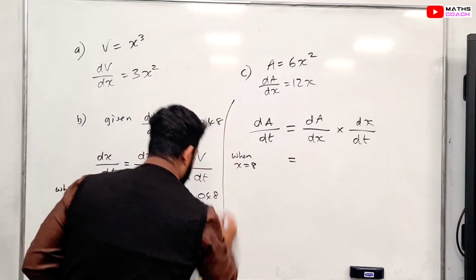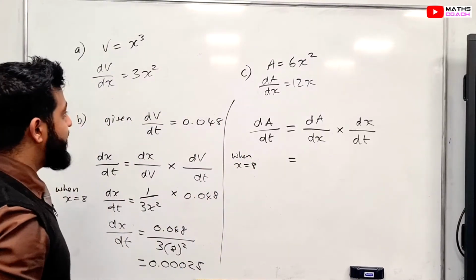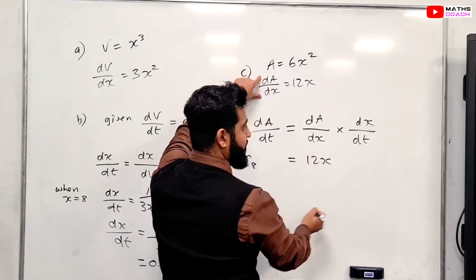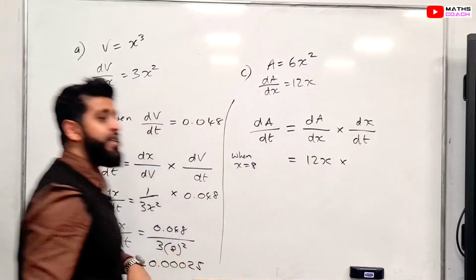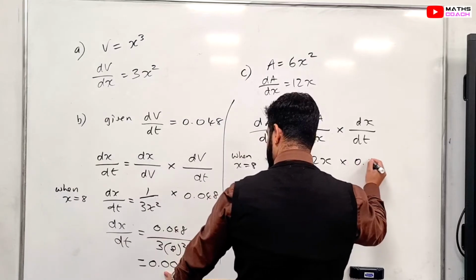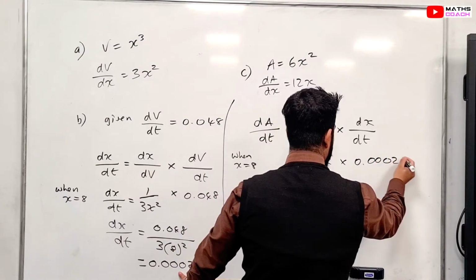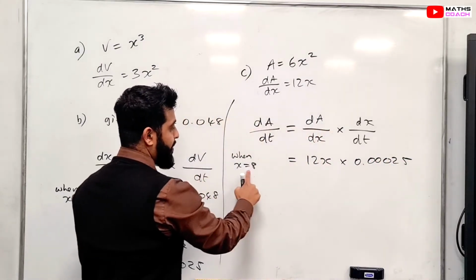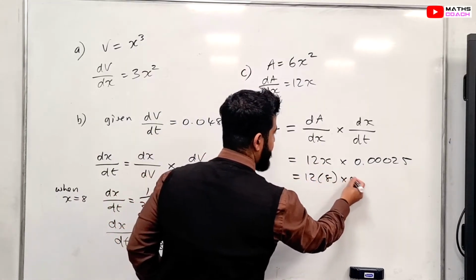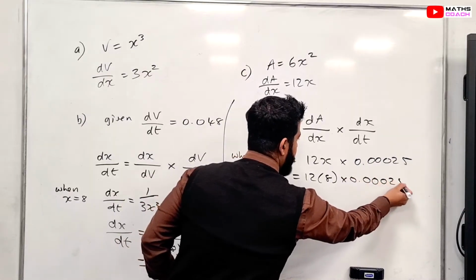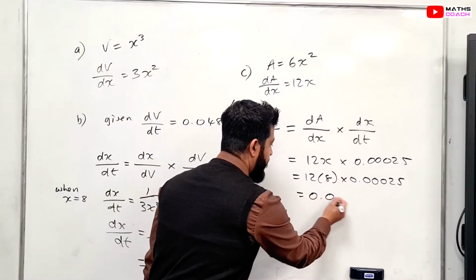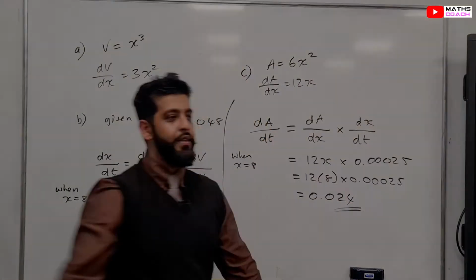We'll just put a line there. dA over dx we can get from here, which is 12x, times dx over dt, which we got from the previous question, 0.00025. Now all we do is replace our x in here, so 12 times 8 times 0.00025, and the answer is 0.024. There you go.